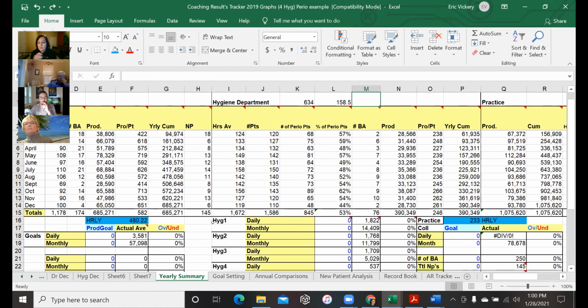They had 145, seen on the doctor's side. If they were comp exams, we need to add in another 145 to that number. So 158 pans from hygiene, 145 on the doctor's side, we need 303.